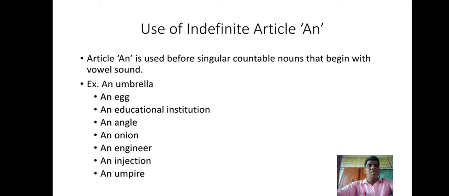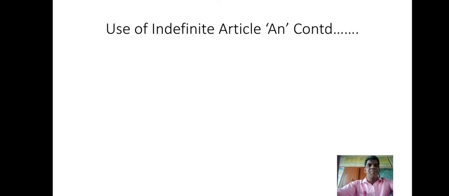In all these words, the initial sound is that of a vowel. Umbrella, u sound. Egg, e sound. Educational institution, e sound. Angle, again it is a vowel sound. Onion, o sound. Injection, i sound. Umpire, u sound. So that is why they take article an.